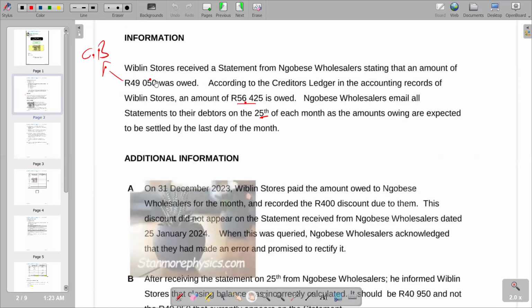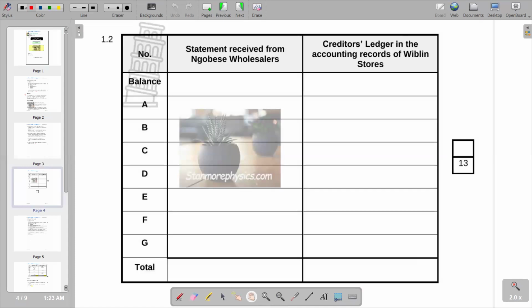And we see that we've got 49,050 that we identified here, which reads, when the store received a statement from Gomez or sellers stating that an amount of 49,050 was owed. So basically, that's going to be our opening balance. So we are saying 49,050 for the statement.